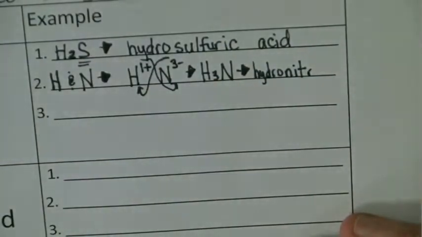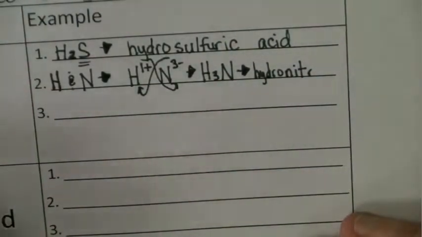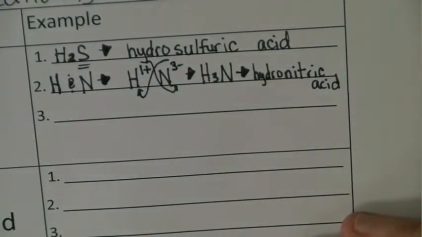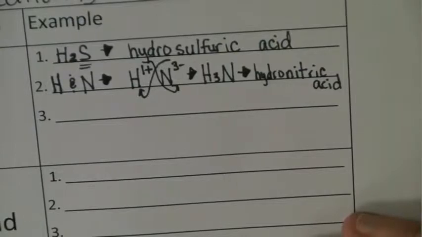It's just going to be NITR, okay? And then our suffix is "ic" acid, so hydronitric acid is what that would be called, hydronitric acid. Hopefully so far so good.